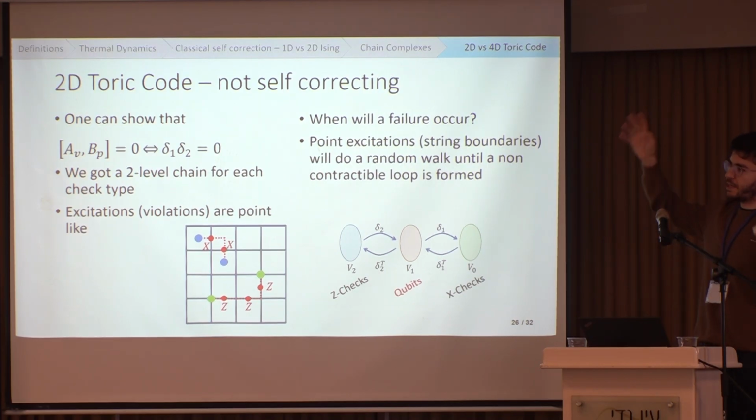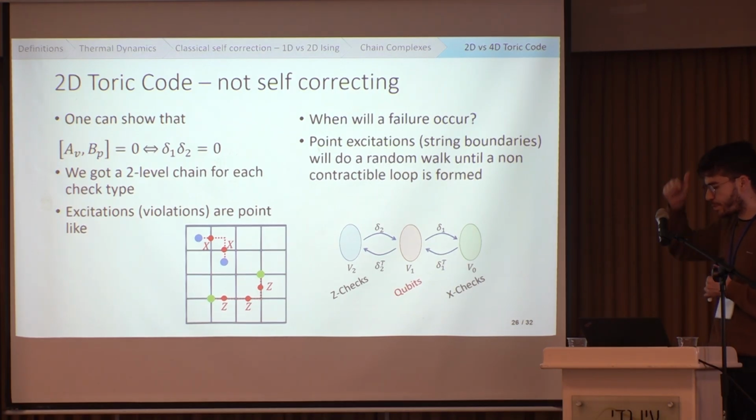We have in a large system many such strings, and once all of them meet each other with typical distance, we get a logical error. So the memory time of the toric code, if you take the subtleties, will be, I think, logarithmic with L. But essentially, it's the same mechanism.